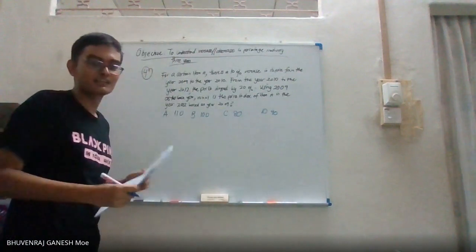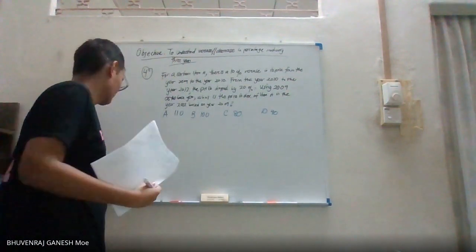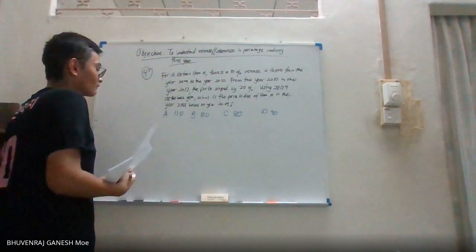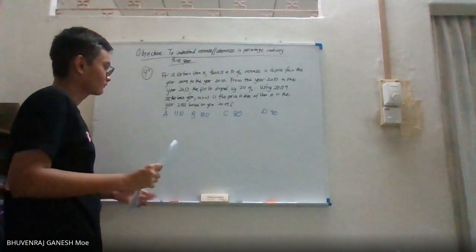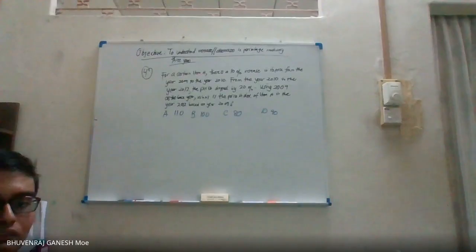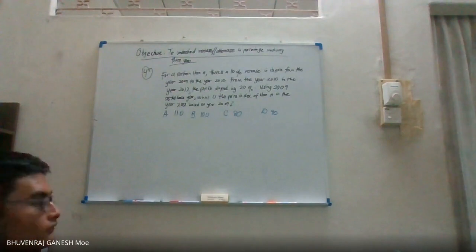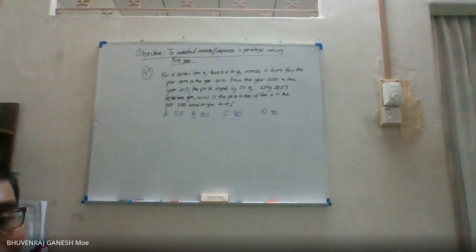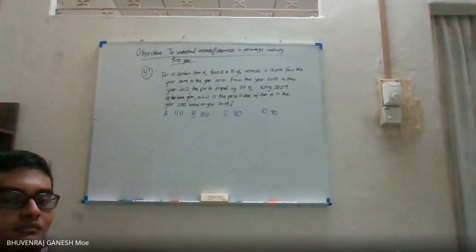Once you see this, what value do you think you can eliminate, which option? Just take a guess.